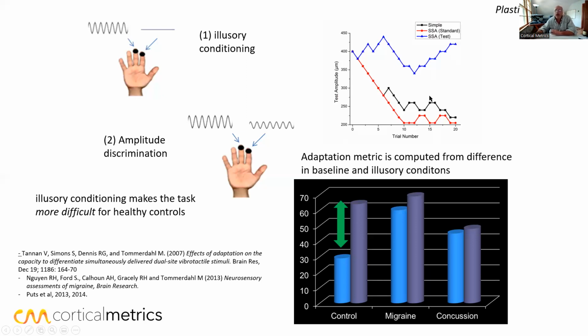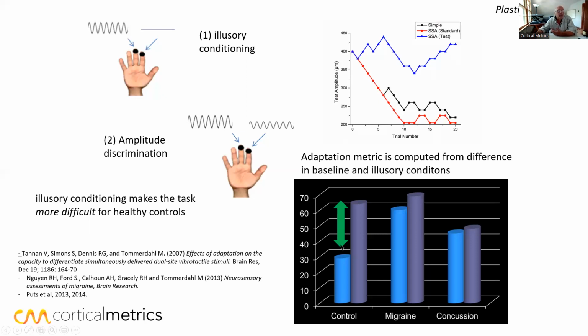Now if you add up everybody that's done this for this particular condition, you get amplitude discrimination in the 25 micron range, which is again normal. When you add the illusory conditioning stimulus, it goes up to about 65 or 70. So this difference is the conditioning, or the adaptation metric.